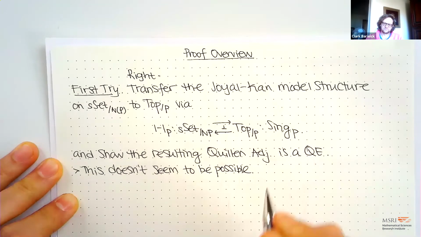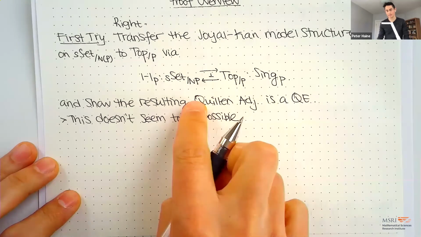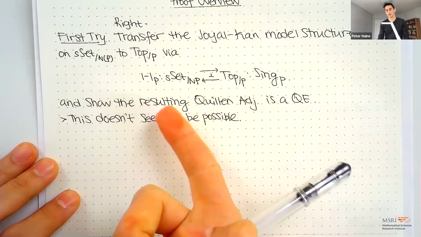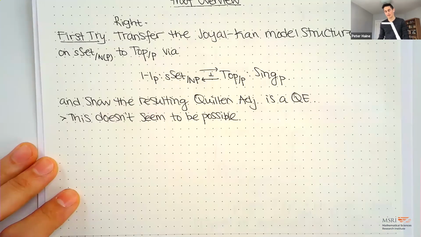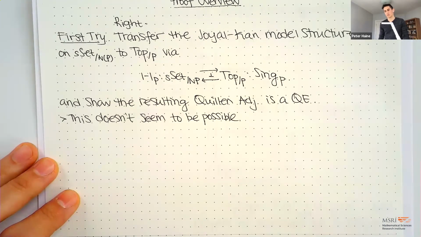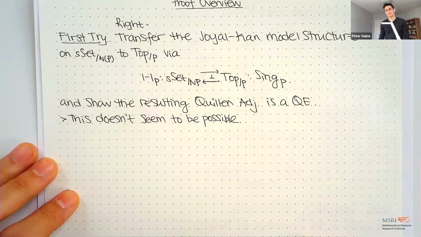For some of the reasons that I said before, generally, Sing P isn't a quasi-category. That was something that you had available in the unstratified version: Sing is always a Kan complex. Also, you just don't know what Joyal equivalences between arbitrary simplicial sets are.